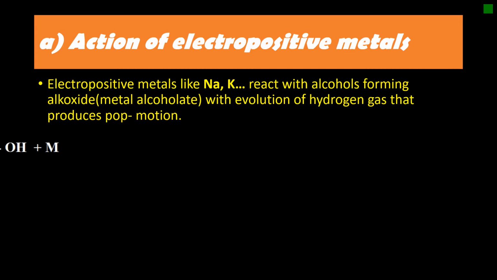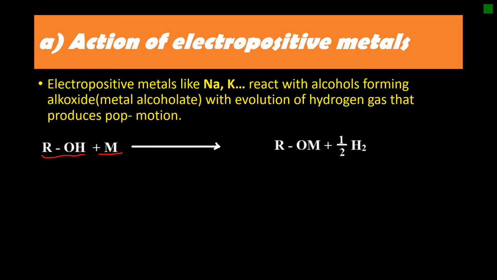Here we have a general equation where ROH, an alcohol, reacts with M, a metal, and the metal replaces hydrogen to produce an alkoxide of the metal, and hydrogen gas is produced.